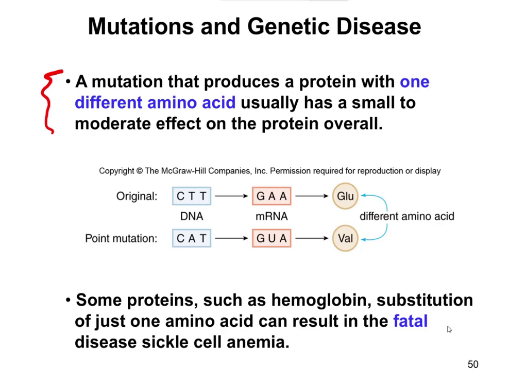The result is a big change in their hemoglobin protein. That hemoglobin doesn't fold the correct way, and it ends up causing the red blood cells, instead of being a very round spherical shape, to form a shape like this. It almost looks like a boomerang. And this is called the sickle cell shape.